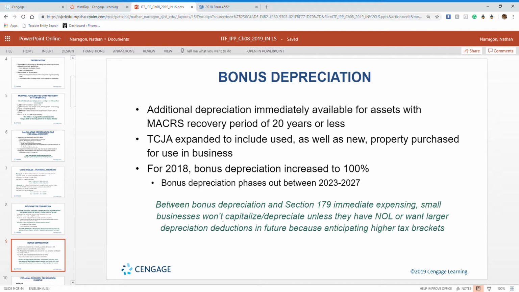And when they call them personal, it just means that they're non-buildings, non-real estate. So with this, we can take improvements, everything. And before the new law, we were only allowed to take 50%. We took 50% bonus, and then the rest either got depreciated by MACRS, or it's going to be used in the next thing that we're going to get into, which is section 179.